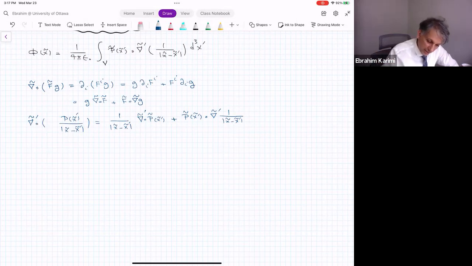What we do have in the integral, we do have this term. So then I will take the first term, which is that one, to the left side.